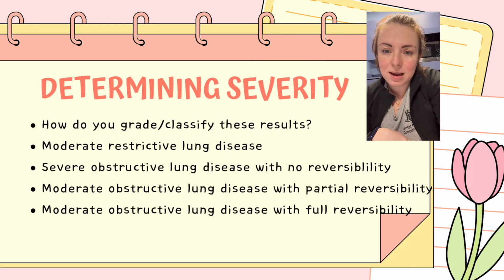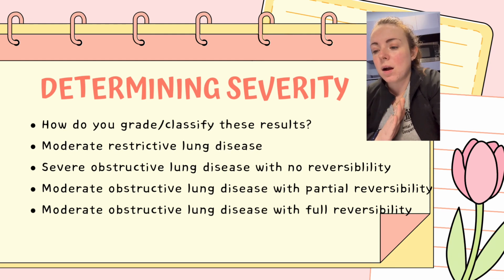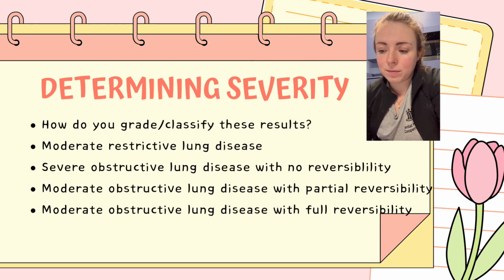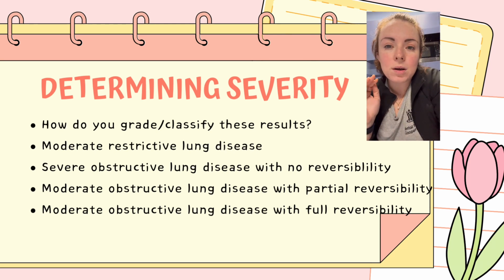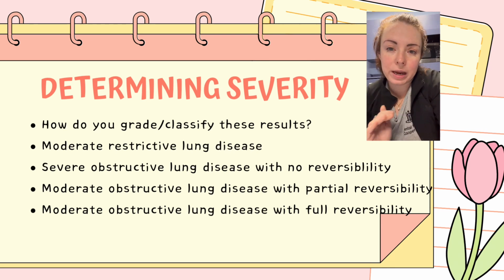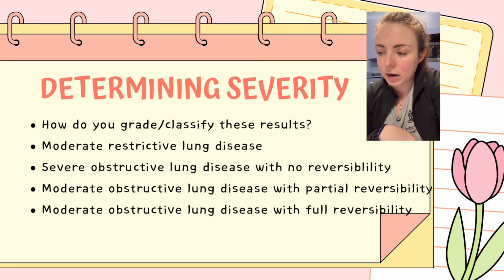The second one says severe obstructive lung disease with no reversibility. Maybe you're thinking, well, I thought this was severe. If we go back to the scale, a normal FEV1 is greater than 80, less than 80 is mild, and less than 70 is moderate.